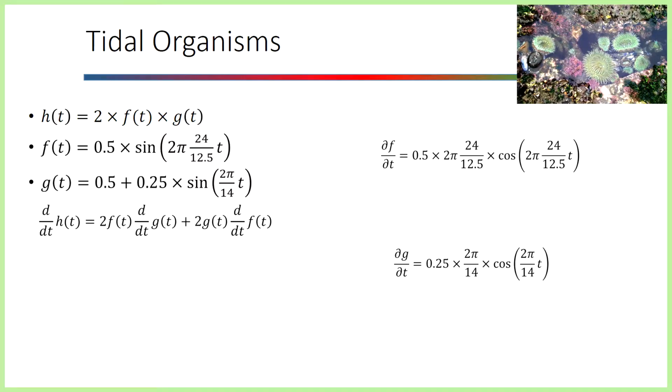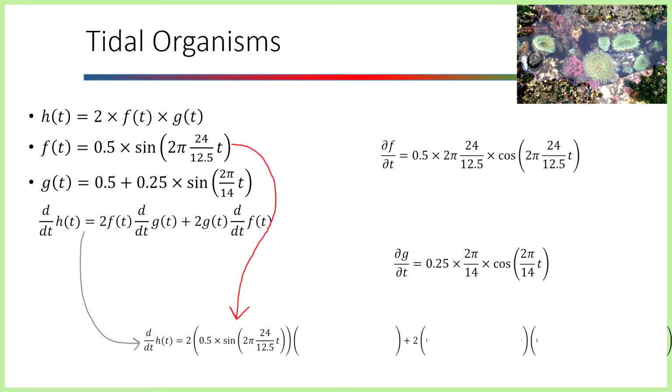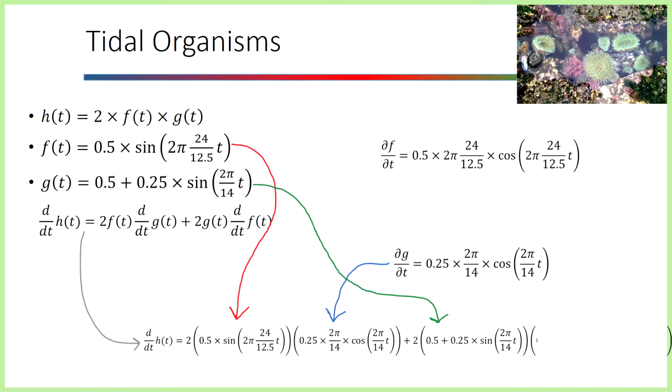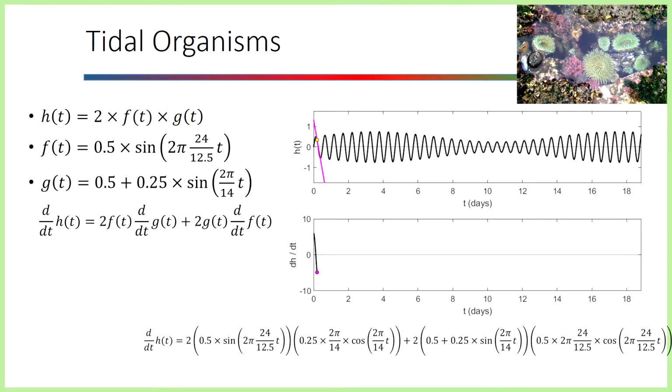So if we plug in those values, we find that the derivative of h of t equals 2 times 0.5 times sine of 2 pi times 24 over 12.5 t times 0.25 times 2 pi over 14 times cosine of 2 pi over 14 t plus 2 times 0.5 plus 0.25 times sine of 2 pi over 14 t times 0.5 times 2 pi times 24 over 12.5 times cosine of 2 pi times 24 over 12.5 t.